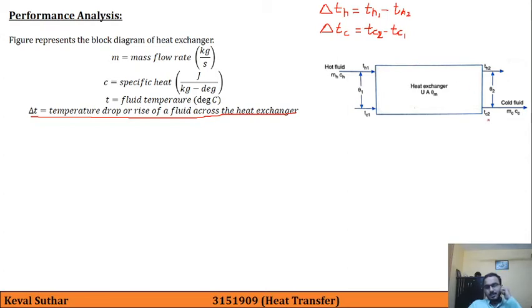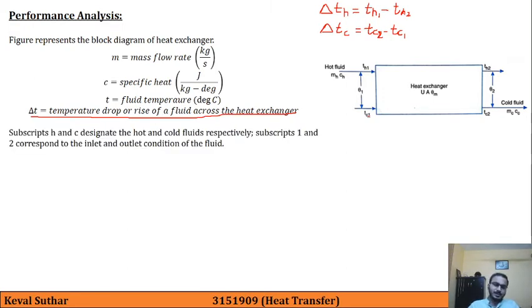Why? Because the temperature of the cold fluid at exit will be more than the temperature at the entry. Here the subscripts H and C designate the hot and cold fluids respectively. Subscripts 1 and 2 correspond to the inlet and outlet condition of the fluid.